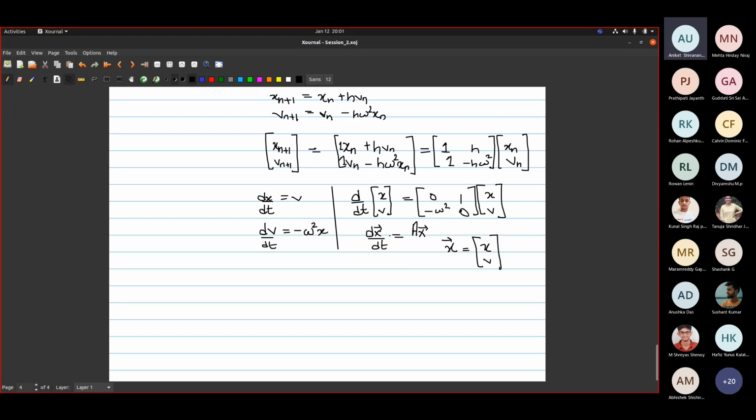Now, what does this represent? This vectorized equation that we've come up with for this differential equation exactly represents our first equation that we saw, that is the first order linear ODE.